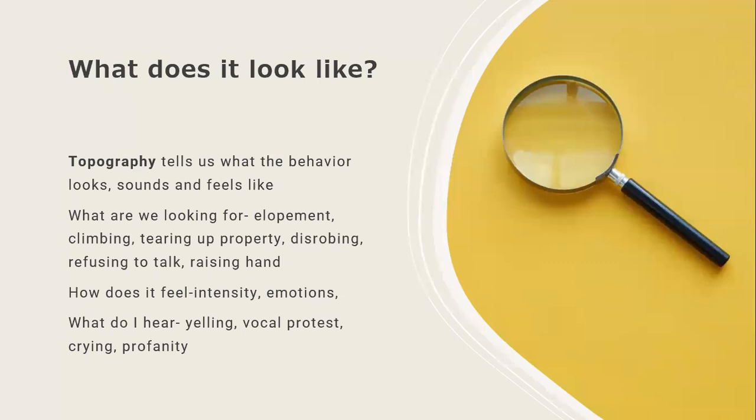So what does it look like? When we have a topography, it tells us what the behavior looks like. It tells us what the behavior sounds like or feels like. So you want to get a better idea of what we are working on, what it looks like, and what to take data on. It will help keep you from taking data on the wrong thing.